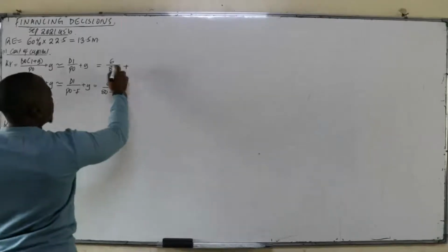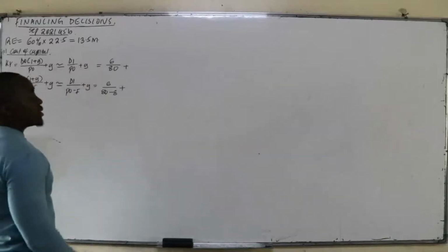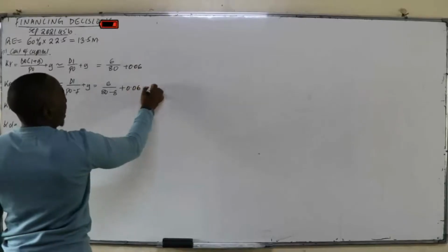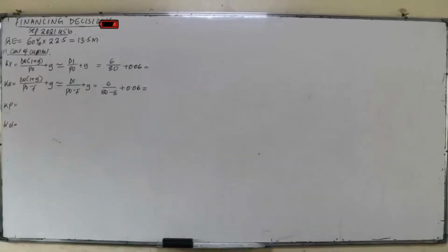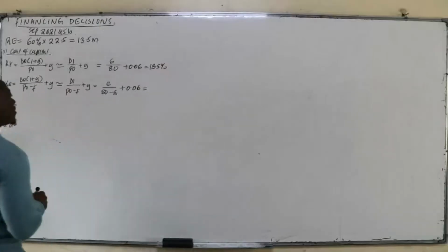Then we add the growth rate. How much is the growth rate? 0.06. Now give me that in percentage. Give me the cost in percentage. 13.5%.